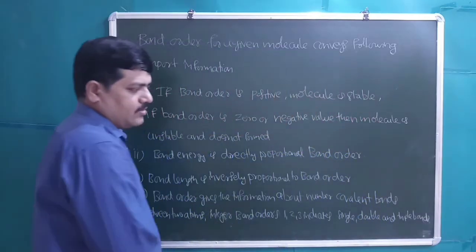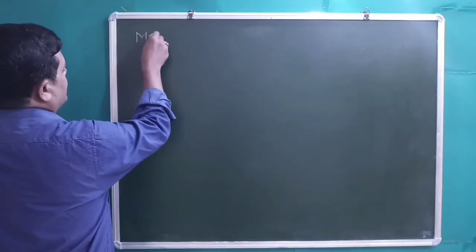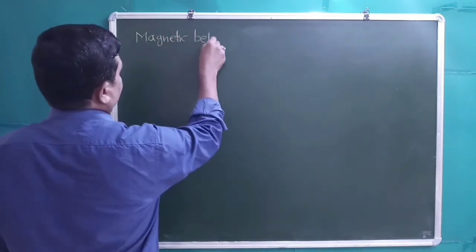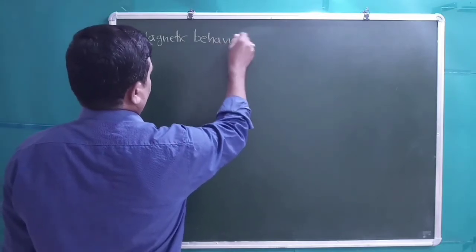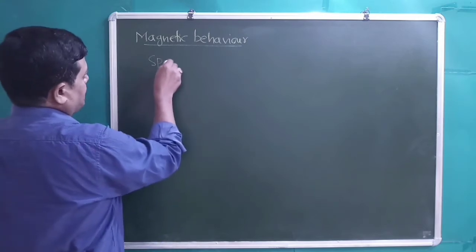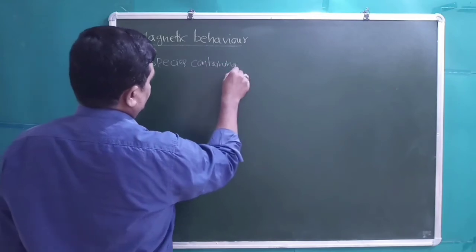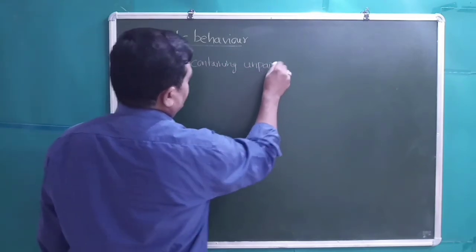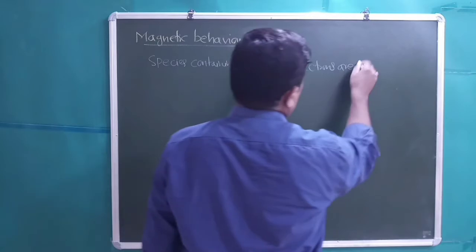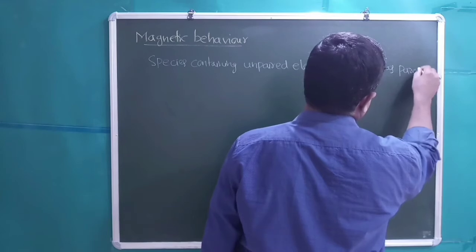Students, let us continue our discussion with the magnetic behavior. Species containing unpaired electrons are known as paramagnetic.